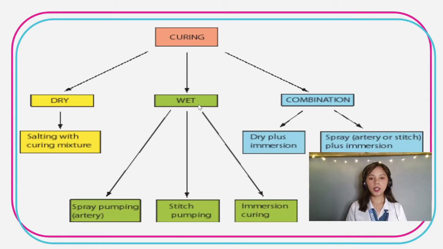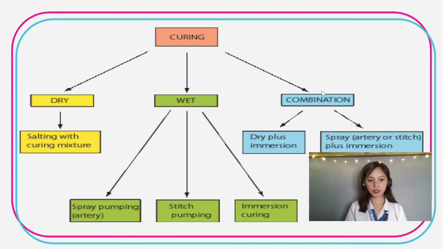While in the wet curing, you're using liquid solutions to cure the meat, and the soaking of meat depends upon the size of your meat. While in the combination curing, if you add up dry curing plus wet curing, you have the combination curing. So any more question about those three methods and the definition of curing before we proceed?